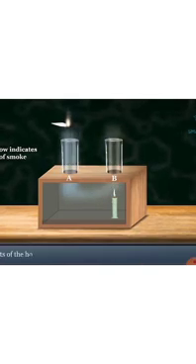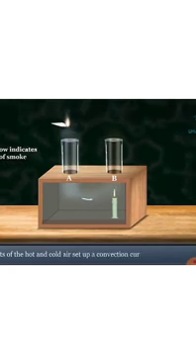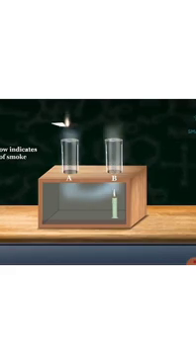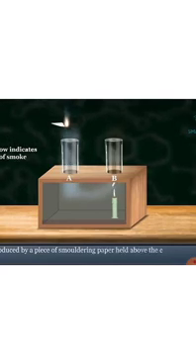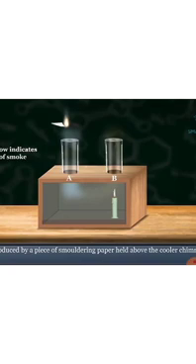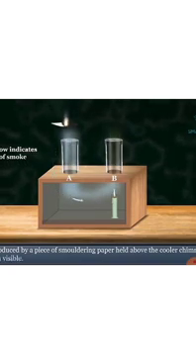The movements of the hot and cold air set up a convection current. The smoke produced by a piece of smoldering paper held above the cooler chimney makes the convection visible.